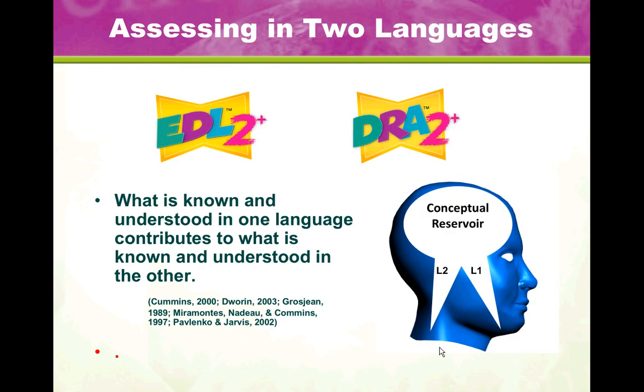Well, first of all, we have to look at research. We know that what is known and understood in one language contributes to what is known and understood in the other. So if we only look at one of these assessments, then we're only looking at a piece of what the children know about literacy.